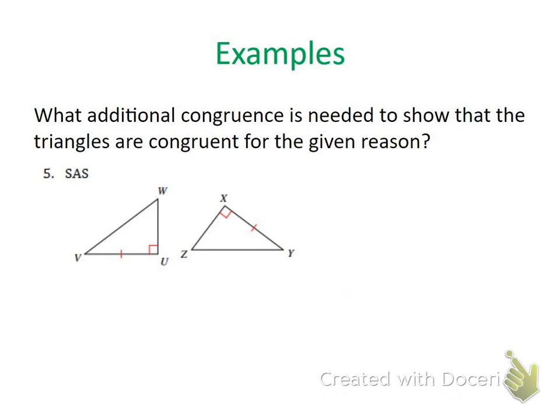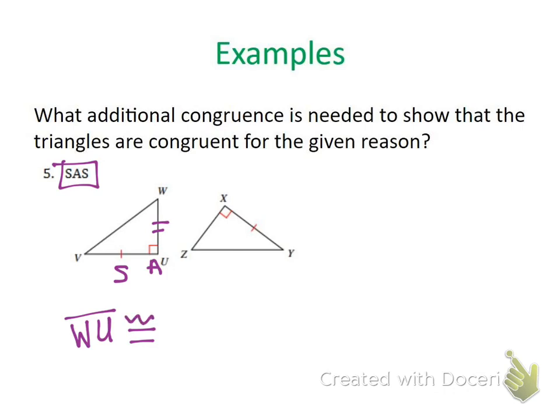Okay, so we need to make this one side angle side. So we have a side, we have an angle. What do we need? A side. What side, Michael? The one on the right. So what's that called? WU. Yeah, you're good.